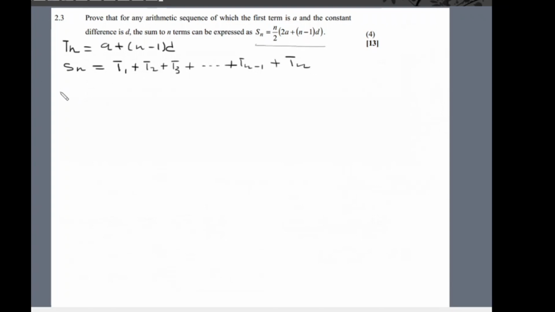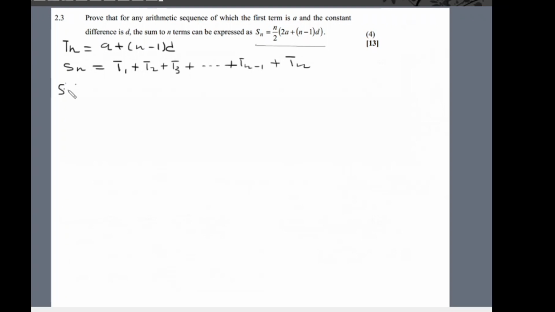So now, substituting in that formula, when you substitute 1 where you see n, you will have a. When you substitute 2, you will have a plus d, and so on.